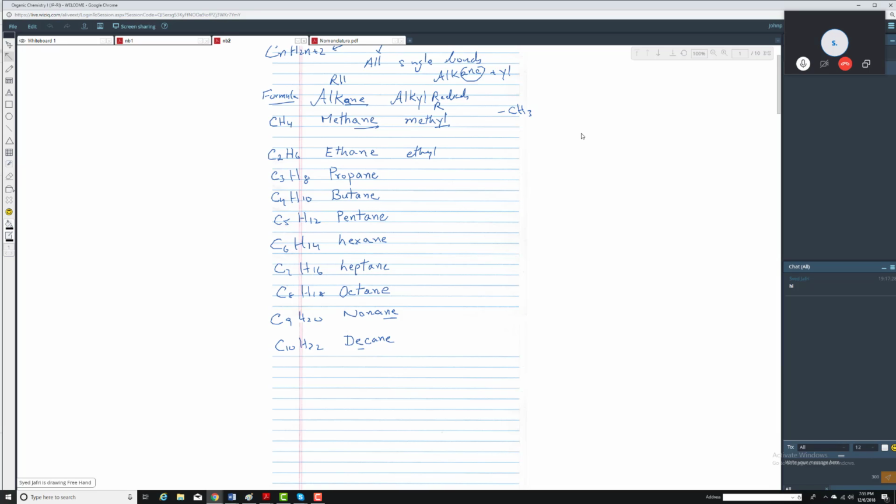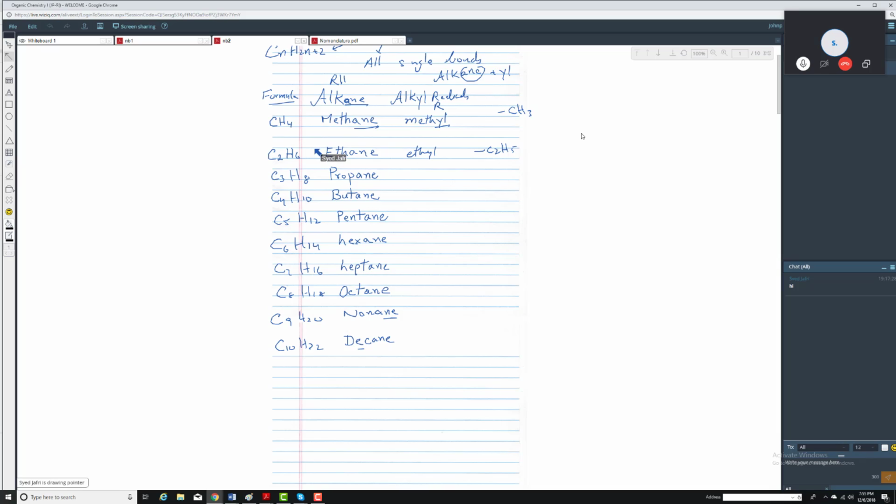And what should be the formula? C2H5. Just make one hydrogen short. Ethane is C2H6, am I right? I just remove one hydrogen and put one free bond here.